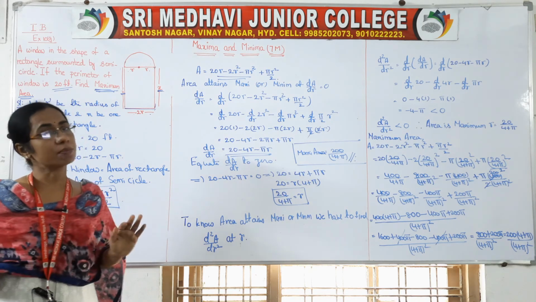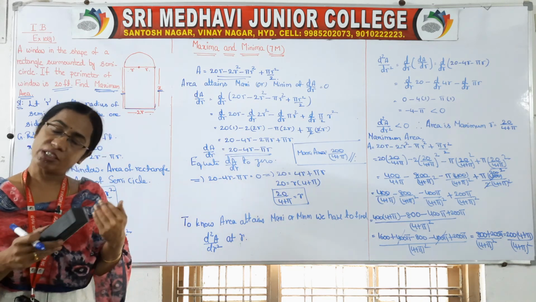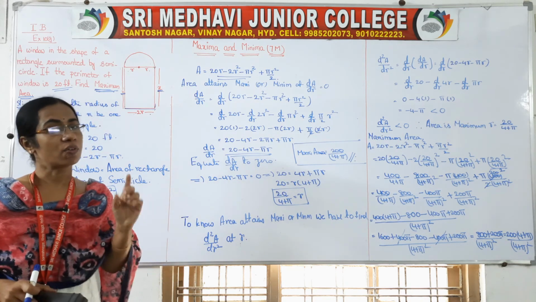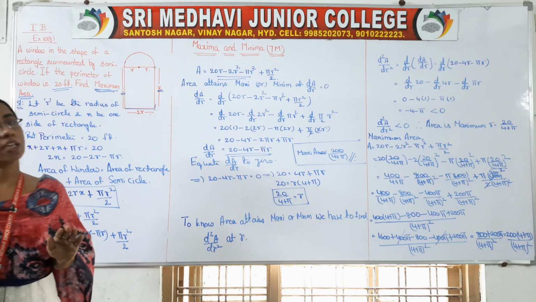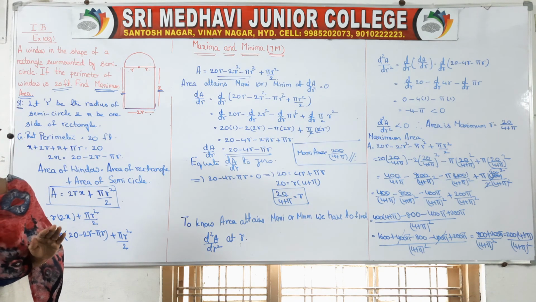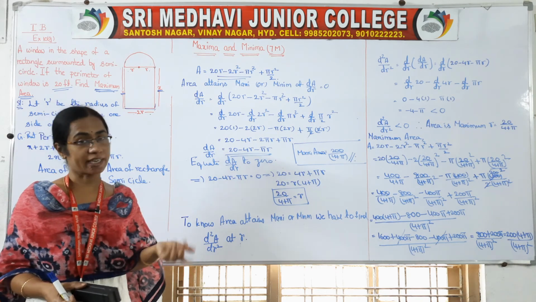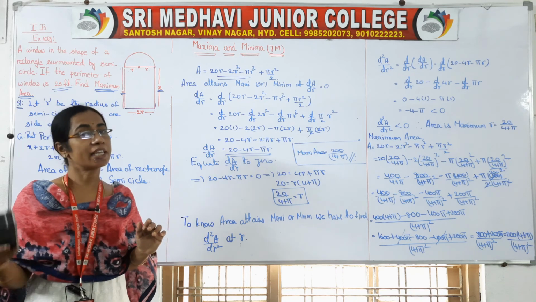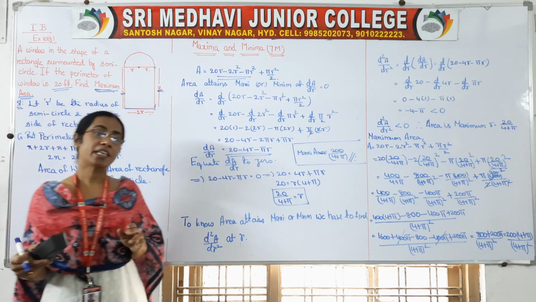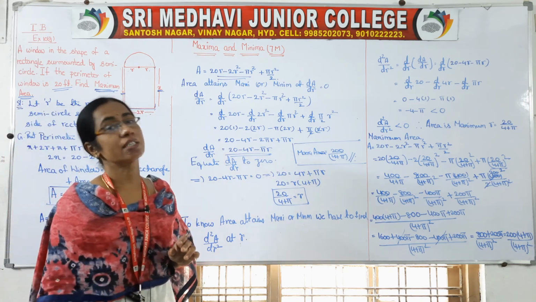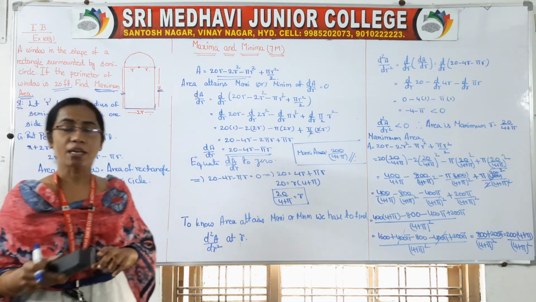So in all these maxima and minima problems, first of all we have to get the function in terms of only one variable, then we will differentiate with respect to that variable. First time we will equate to 0, and we will get that variable value. Next, the second time, differentiate and substitute that derived variable in that equation. If you get a negative value, the second derivative is negative, the function attains the maximum. If it gets positive, the function attains the minimum value.